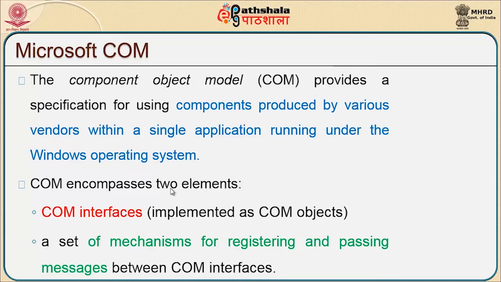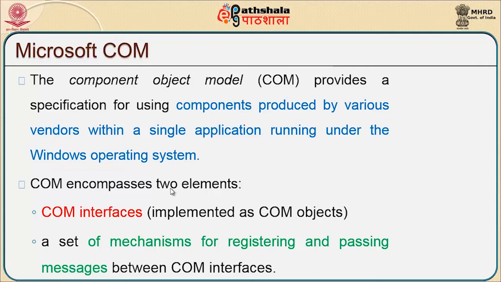With the other platform, Microsoft .NET, a component object model has been developed, which provides a specification for using components produced by various vendors within a single application running under different Microsoft Windows operating systems.